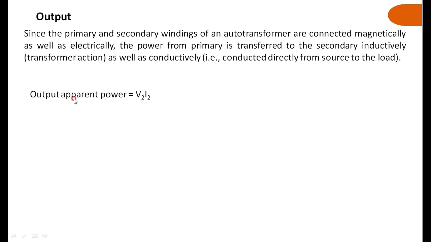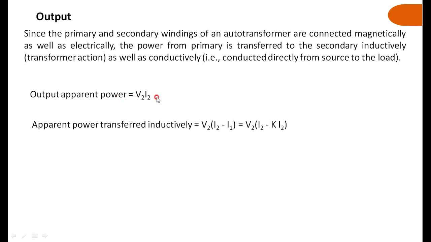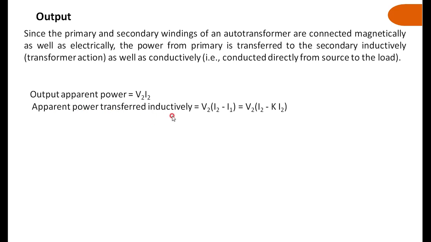The output apparent power of the auto transformer is V2 I2, and the apparent power transferred inductively is the voltage across the secondary winding, that is the common winding, multiplied by the current in the common winding, that is I2 minus I1.